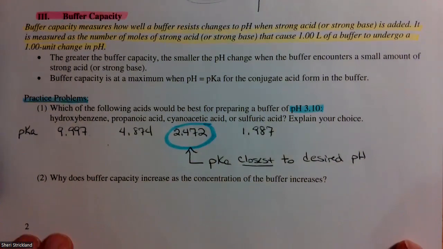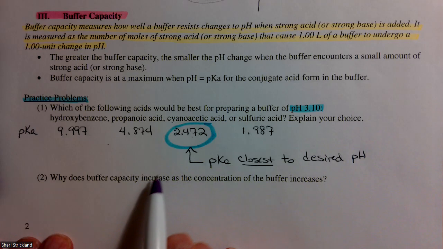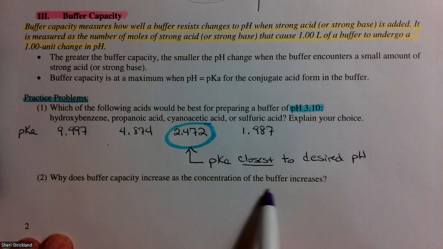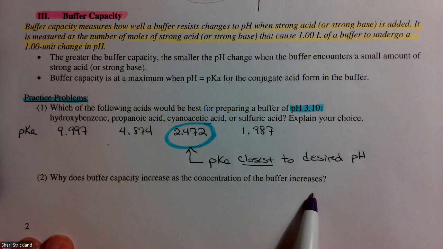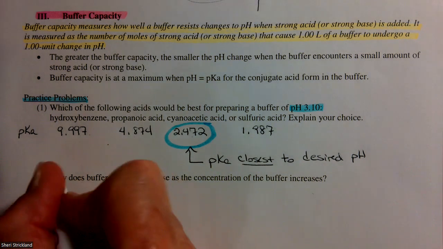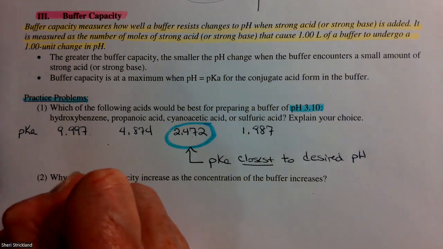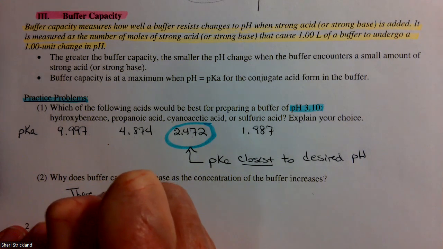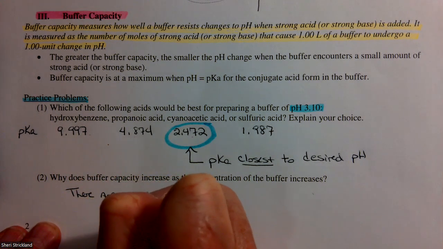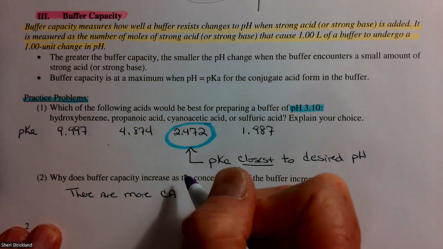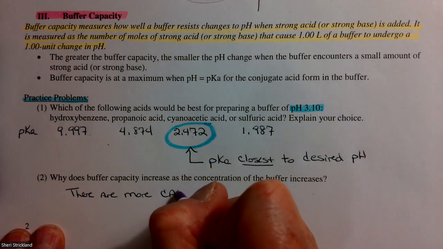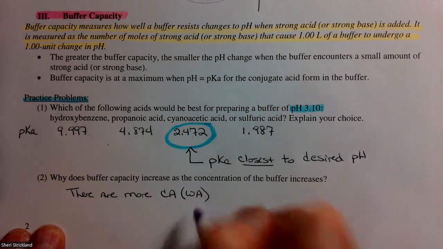All right. And one other thing about buffer capacity is that it increases as the concentration of the buffer increases. And the reason that happens is because there are more molecules. There are more conjugate acid. Well, here, the weak acid. Let's just put that in parentheses.